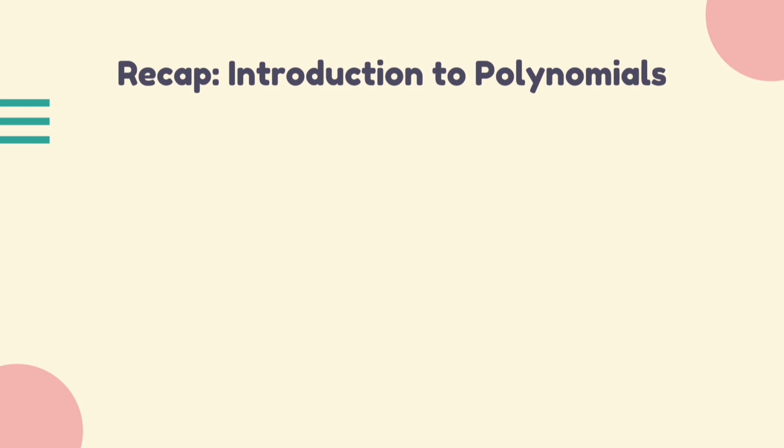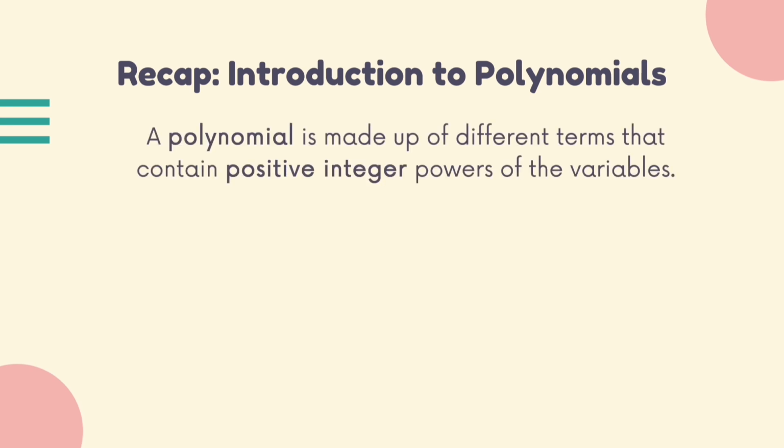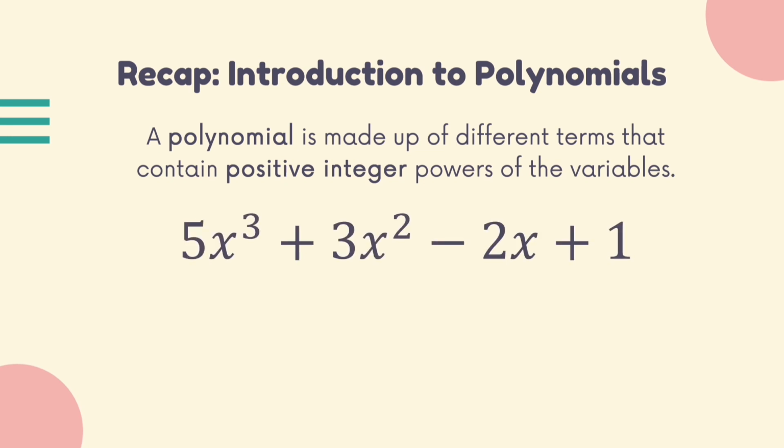Now, before we can proceed to our proper discussion, let us first have a proper recap of Introduction to Polynomials. What is a polynomial? A polynomial is made up of different terms that contain positive integer powers of the variables. Here is an example of a polynomial: 5x cubed plus 3x squared minus 2x plus 1.